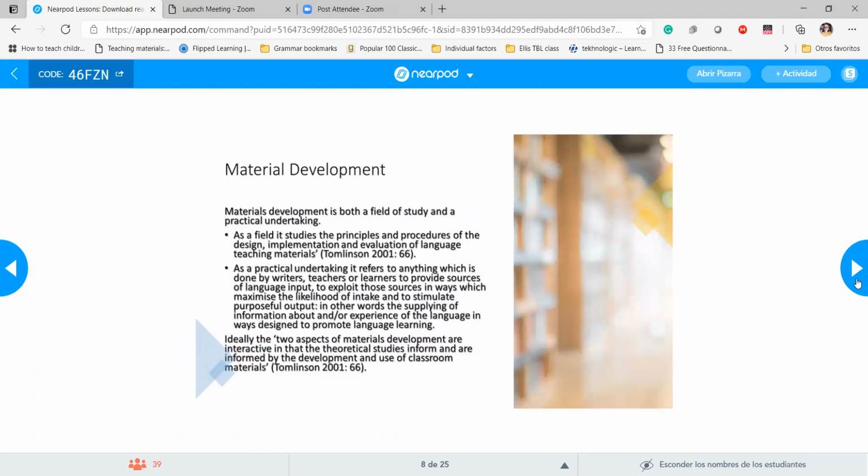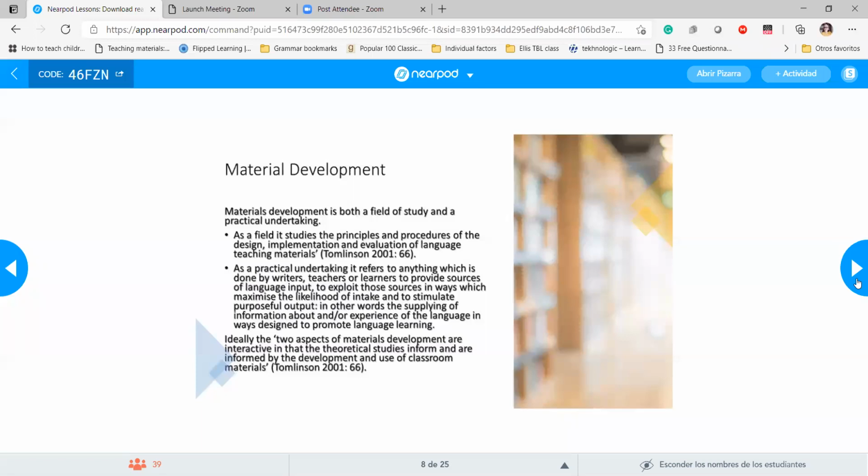So it's both a field of study and a practical undertaking. So what do we mean by a field of study? Well, it's going to study the principles and procedures of the design, implementation, evaluation of language teaching material. So not because somebody made this material means that it's the best material or a material that you should use.